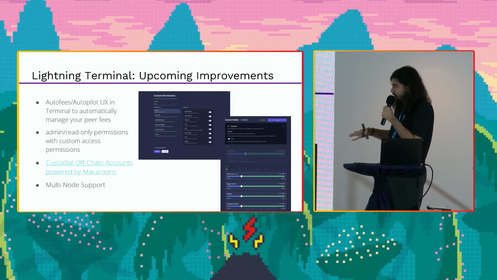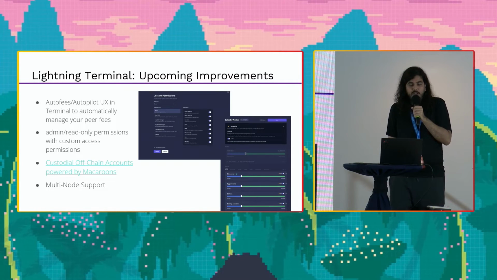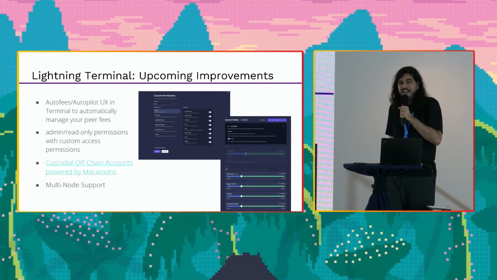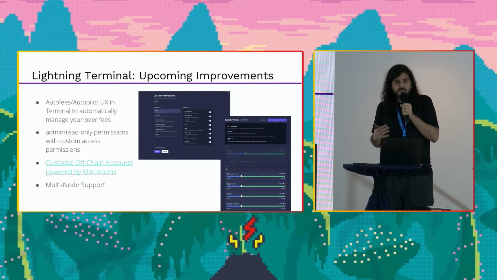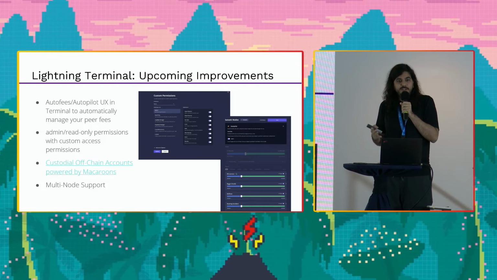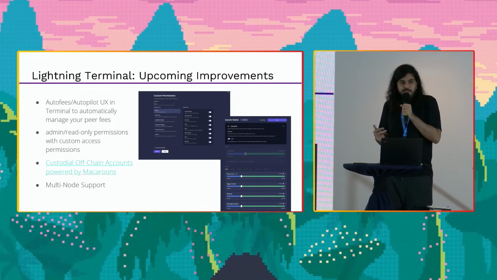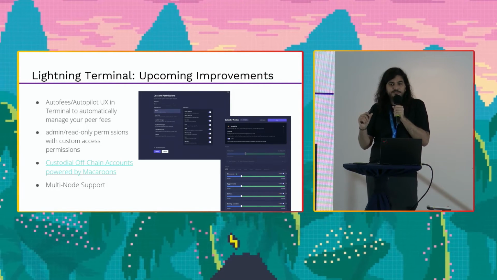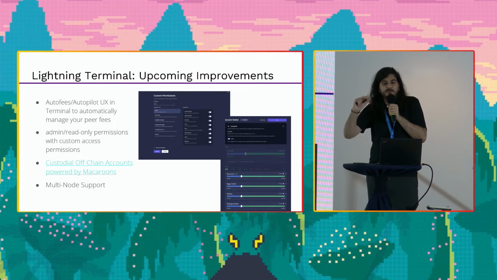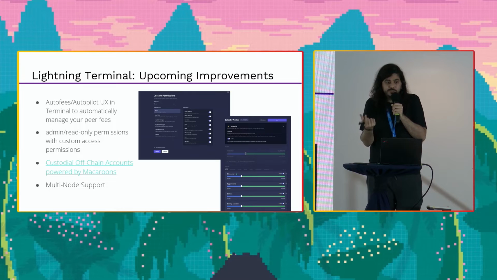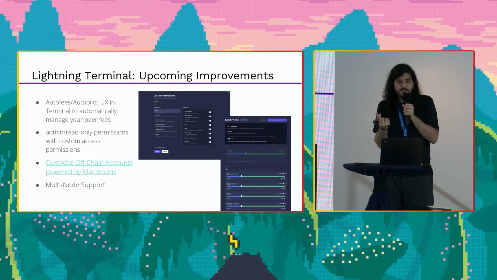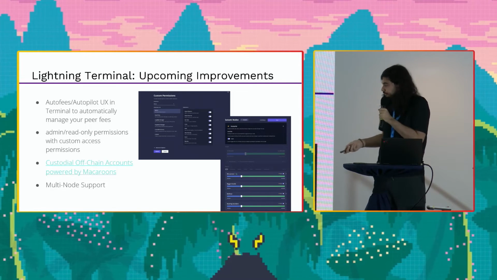You will have a lot of different settings that you can set, and that is also useful for applications and websites that are using LNC, because you can give a specific permission for that website. You can maybe allow them to create invoices and receive payments for your node, but not send payments.